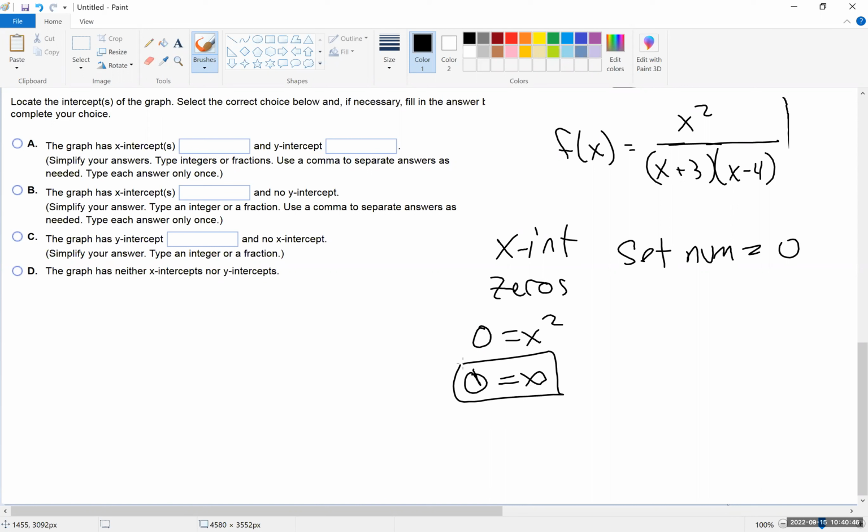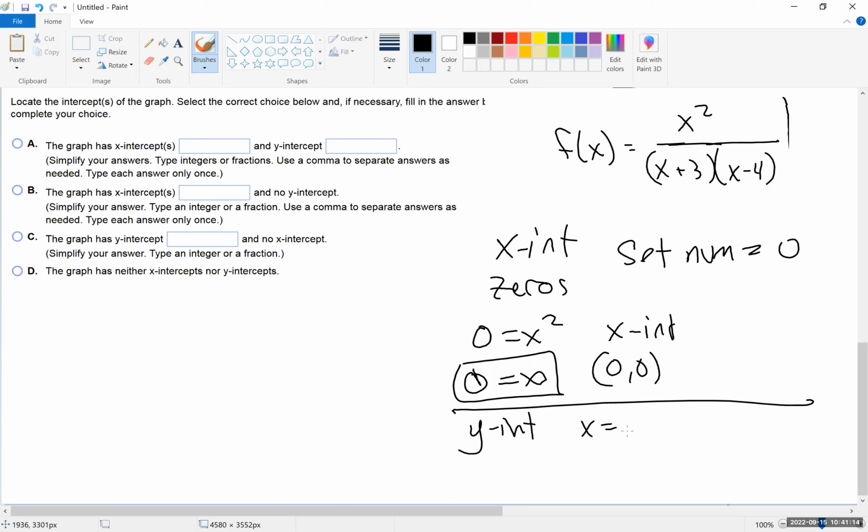Which also means the y-intercept is 0, 0. Wait, time out. Everything I said is fine. Now when we're finding the y-intercept, it happens when x equals 0.